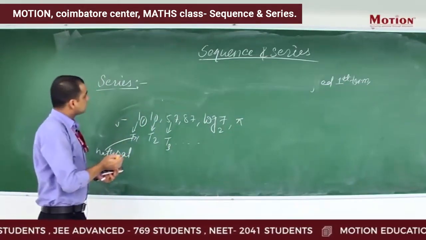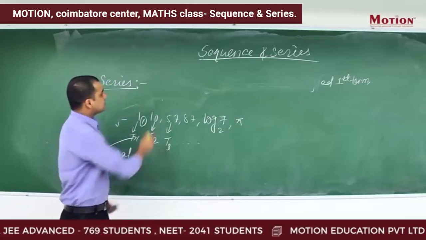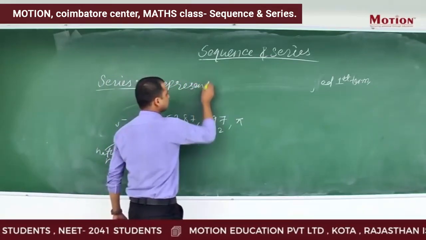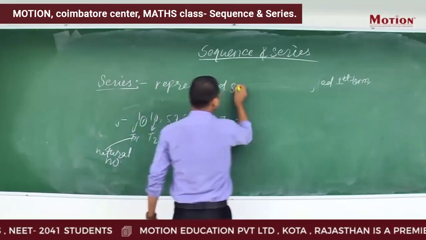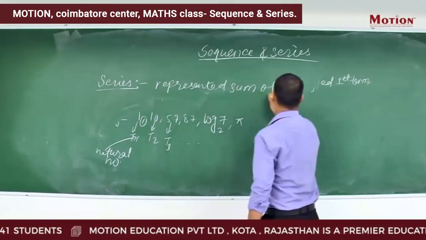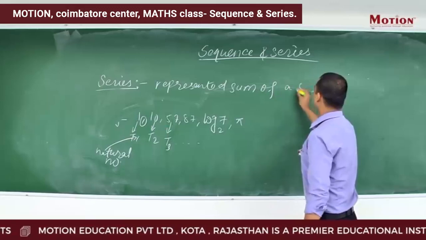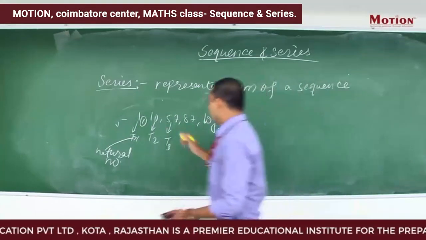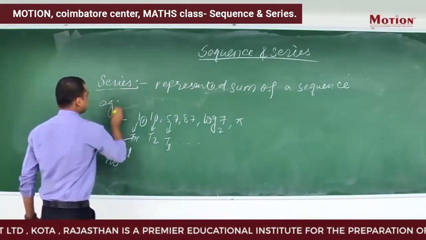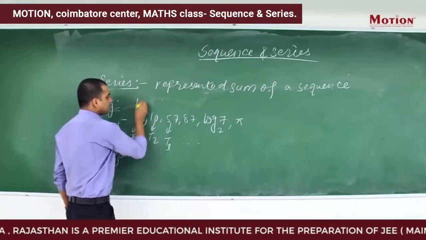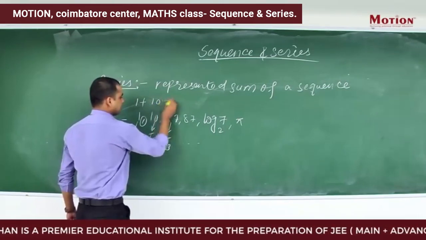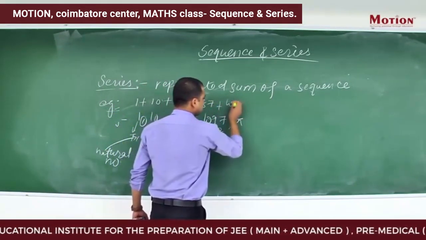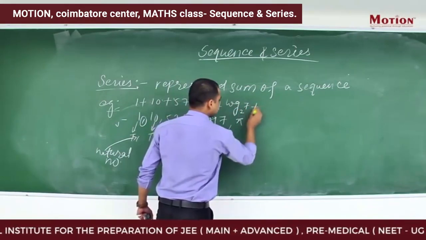Our next heading is series. A series is the represented sum of a sequence. I am taking the same example as previous, 1 plus 10 plus 57 plus 87 plus log 7 to the base 2 plus pi.